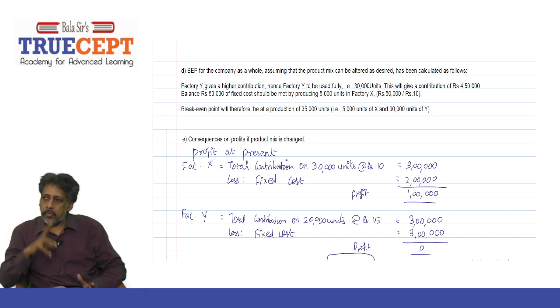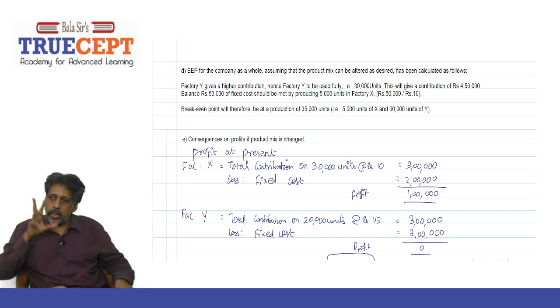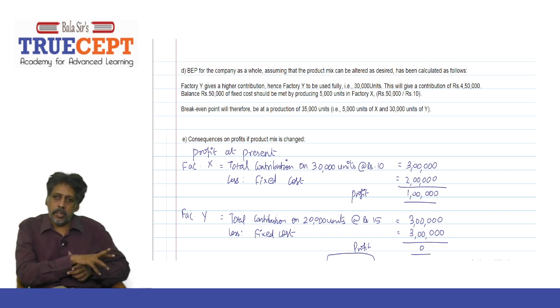That has to come from factory X. We know the factory X is rupees 10 contribution per unit. What is 50,000 rupees by 10? 5,000 units. You have to produce and sell at least 5,000 units from X. That'll give 50,000 rupees contribution to break even.